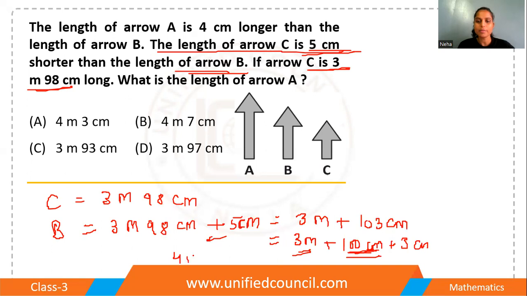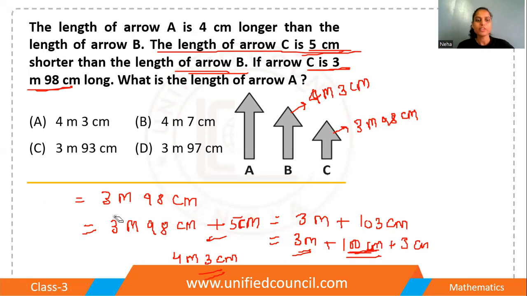So this is 4 meter and 3 centimeter. Yeah. So the length of arrow B is 4 meter 3 centimeter. Now I need the length of arrow A, the last one. Okay. So let me check with the length of arrow A also.